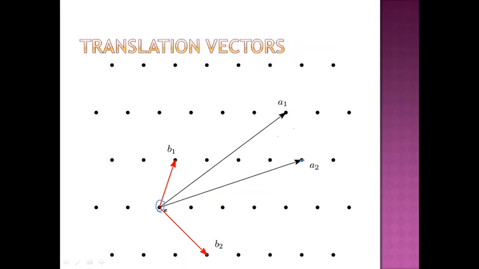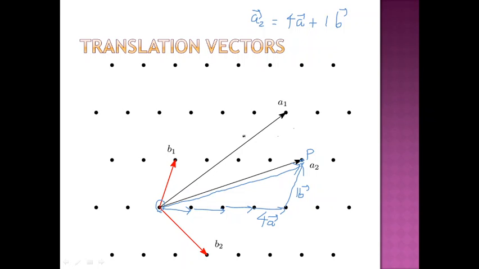Can you do that? You will have to move 1, 2, 3, 4 A bar and 1 B bar, right? So in order to reach the point A2, the vector A2 that connects the origin and the point, say P, is given by 4 A bar plus 1 B bar.